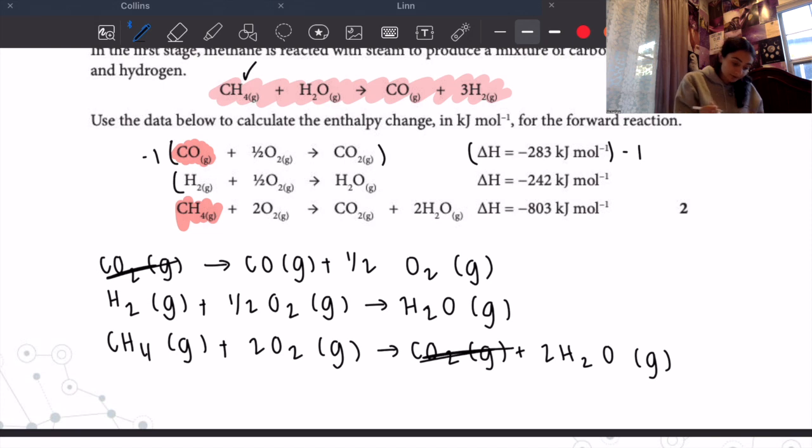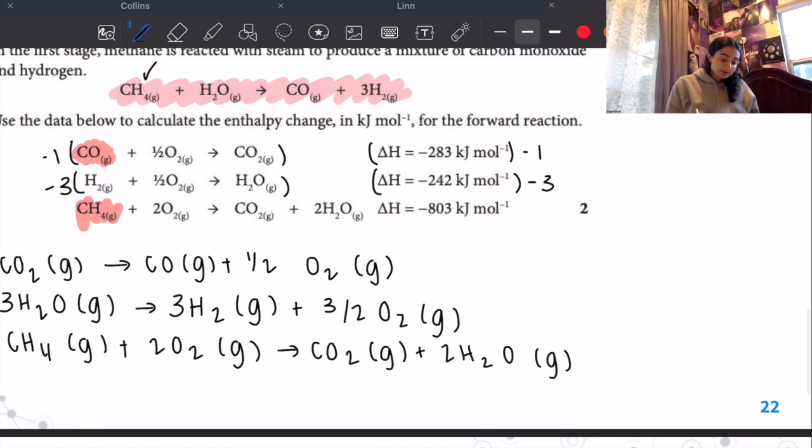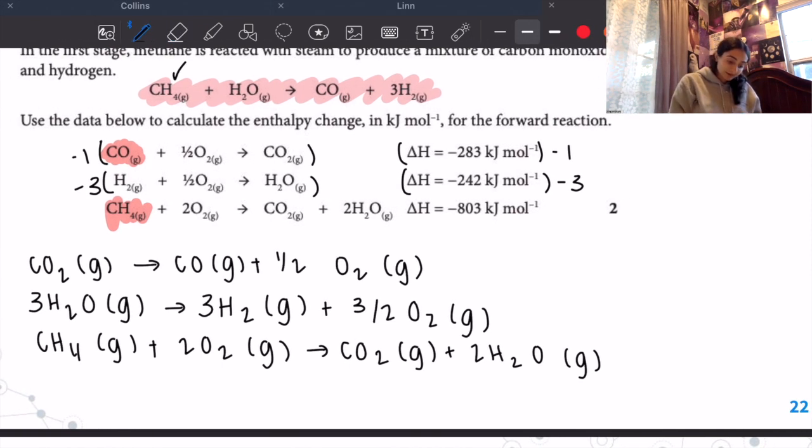So I'm going to multiply this reaction by -3, which means we're also going to multiply this delta H by -3. Okay, now I'm going to calculate what my new delta H's are going to be. If we multiply the first reaction by -1, our new delta H is 283 kilojoules per mole.